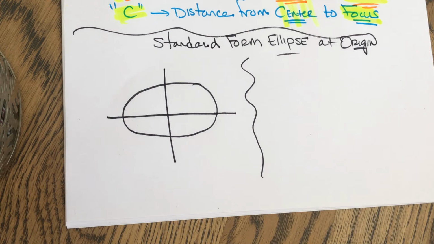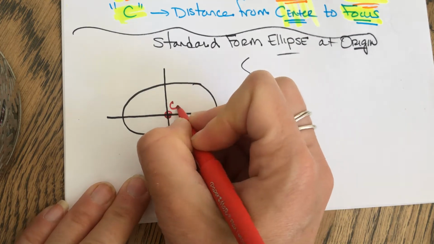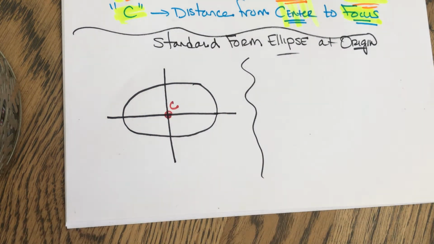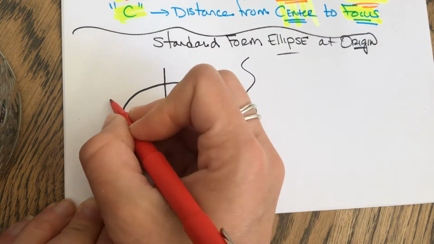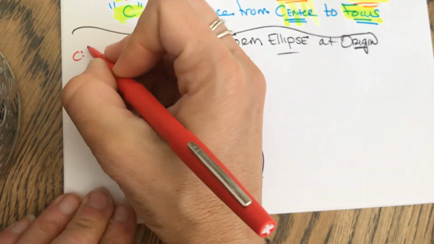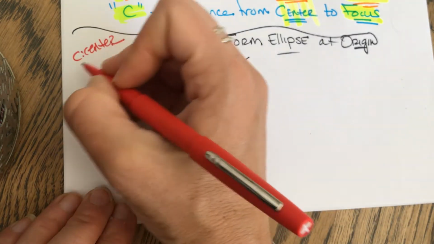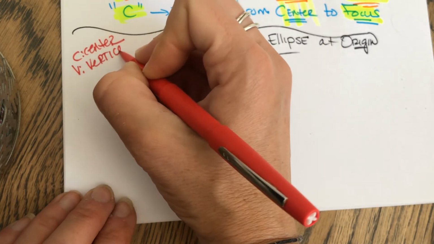Okay, so let's just talk about something. We all know that this point right here is, I'm going to put C for center. Okay, so C is center. Then if it's long, these two points, V for vertices. So again, just so you guys are aware, C, center, because I'm not writing it all out, V, vertices.